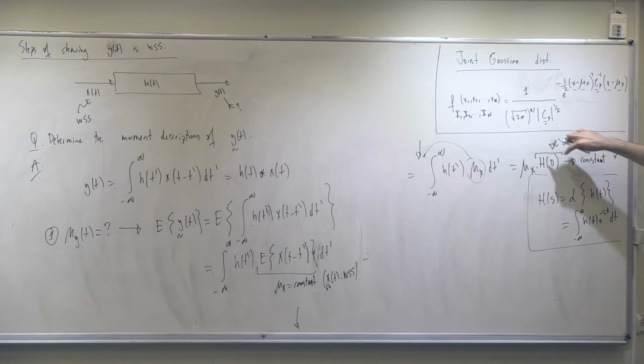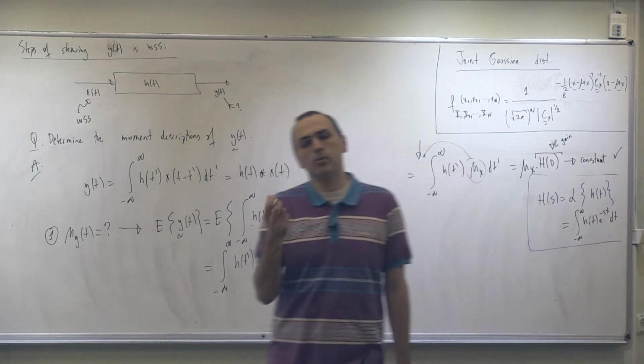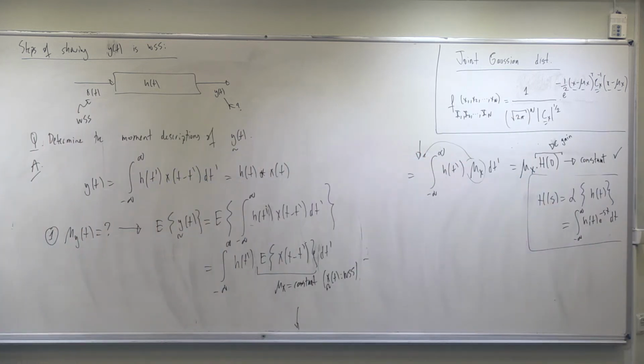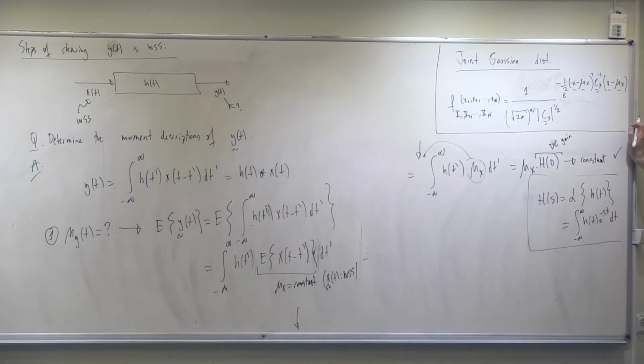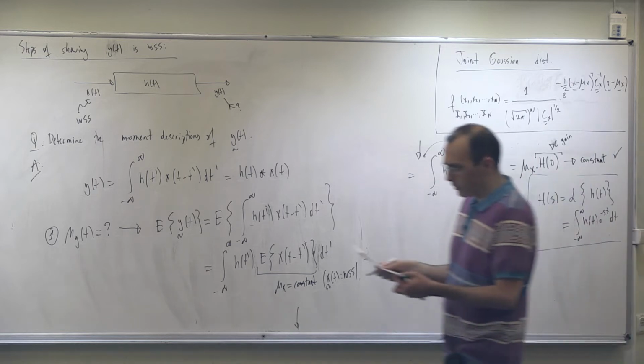DC frequency is the zero frequency. In discrete time, it's the frequency of 1 in the Z domain. But in the continuous time domain, this is the DC gain when s is equal to 0 or omega is equal to 0. s is equal to j omega. When omega is equal to 0, s becomes 0, etc. So this is number one.